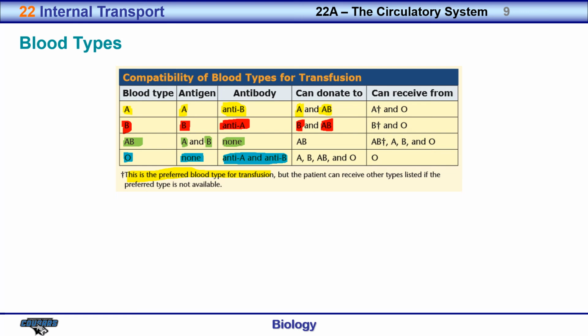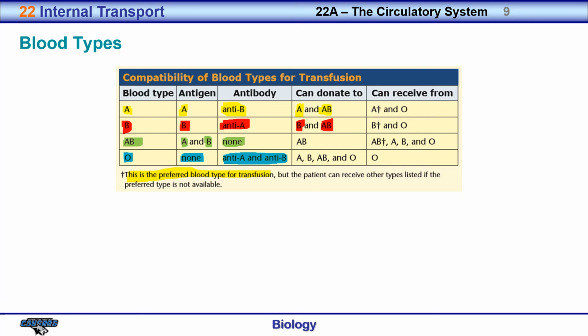Who can you donate it to? Well, you have no antigens to create an agglutination in that person's blood. So a person with A, they do have anti-B, but you don't even have any B antigens.